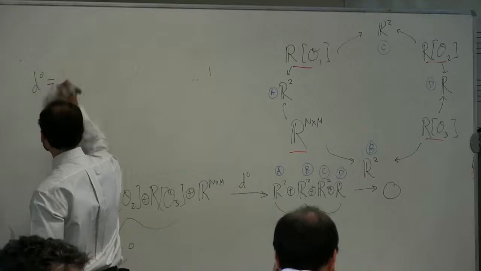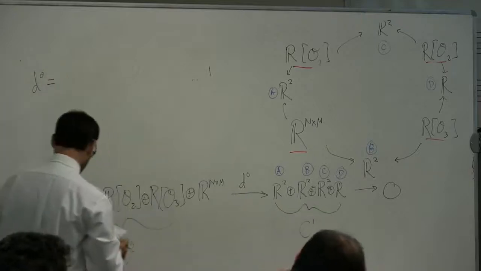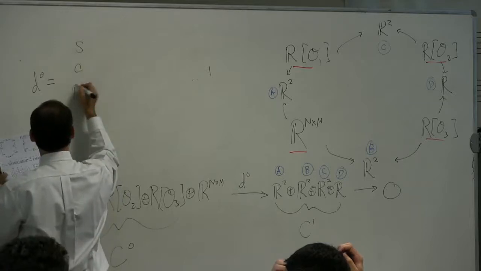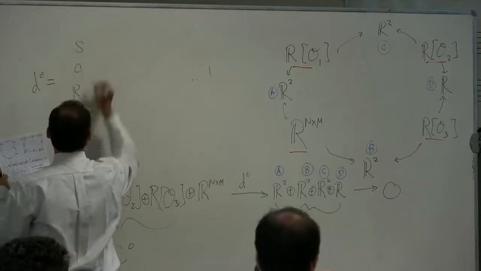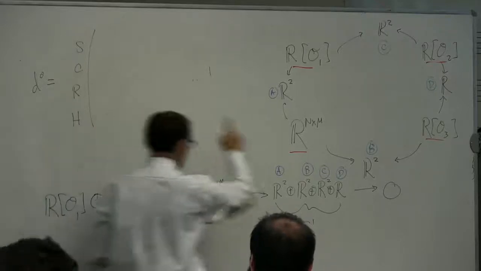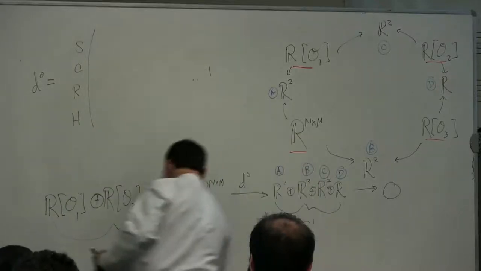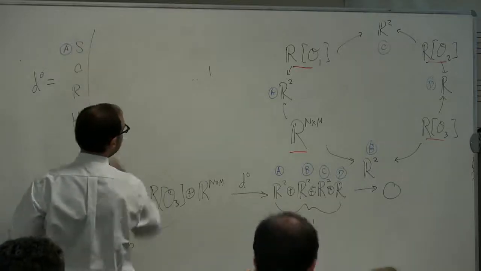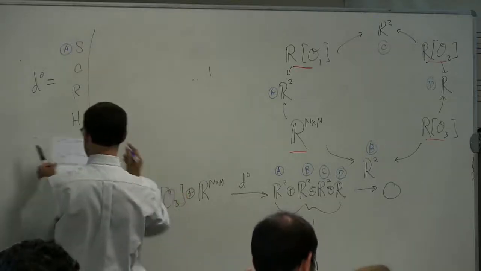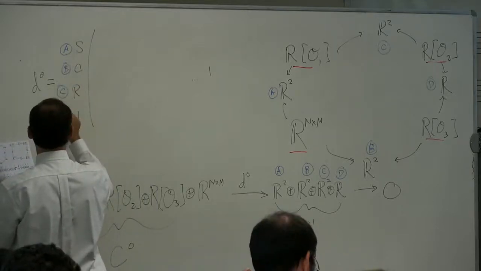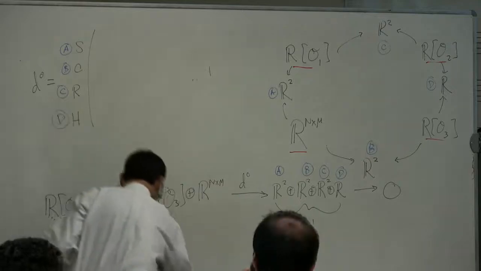So D0 is now going to be a block diagonal matrix. Let me list what the blocks are. This is the sun question, the A. This is the clouds question, the B. This is the rain question, C, and this is the humidity question, D. So there they all are.